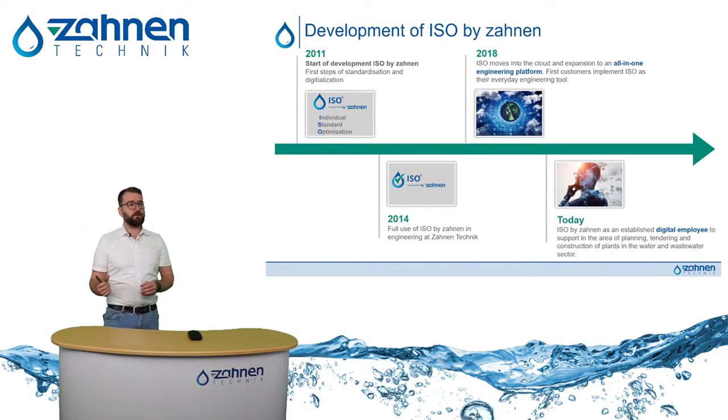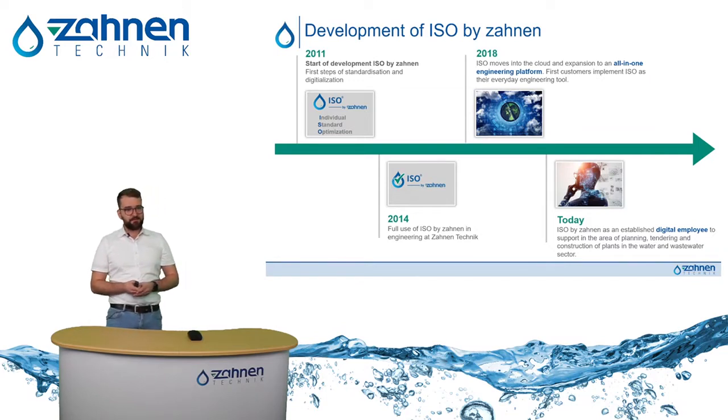Eso stands for Individual Standard Optimization, which basically means every company has its own individualities, and by standardizing those, you can optimize the process. In 2014, Eso was fully developed, and we at Zahnen Technik started to use it as our engineering tool.